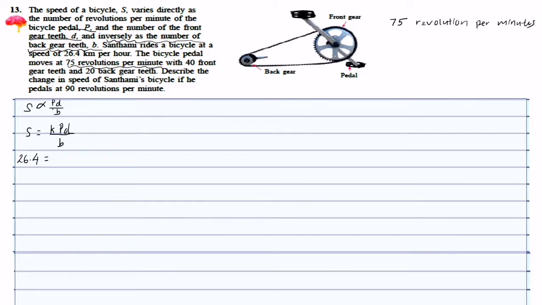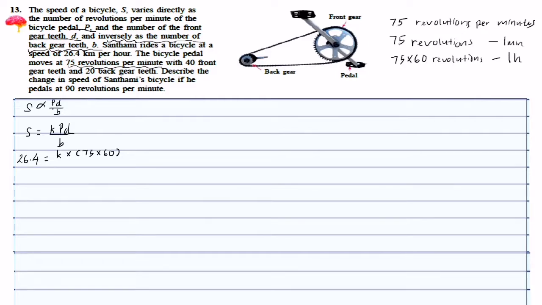So if I write it in ratio, 75 revolutions in 1 minute, so per hour means 75 times 60 revolutions. Here K times 75 times 60, the value of P.